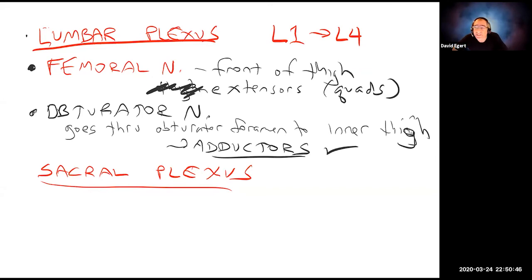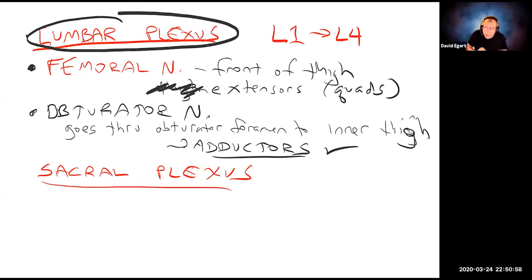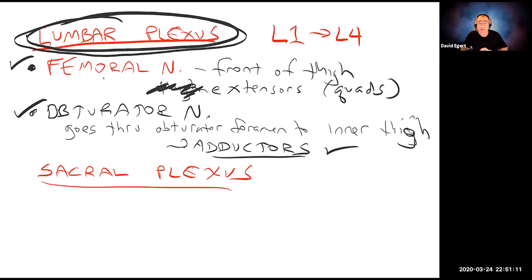If you're looking at a model or a picture and you're trying to recognize the femoral nerve or the obturator nerve, if you see that it's originating from the lumbar region of the spinal cord and it's going along the front of the thigh, it's the femoral nerve. If it's originating from the lumbar region and it's going through the obturator foramen to the inner thigh, it's the obturator nerve.